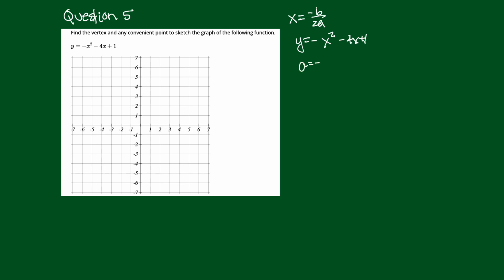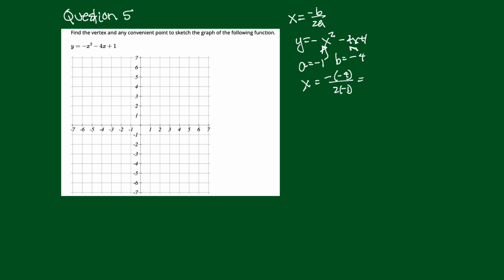So a is equal to negative 1, b is equal to negative 4. So the x-coordinate is negative b, negative 4, over 2 times negative 1.